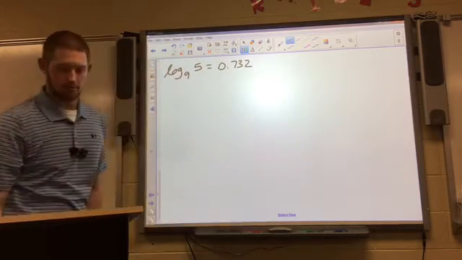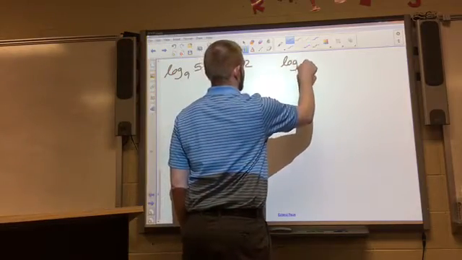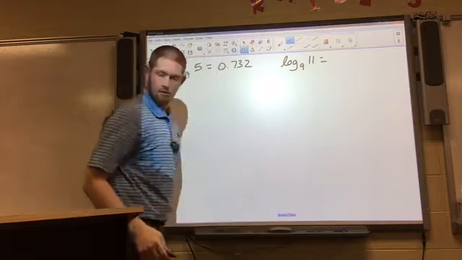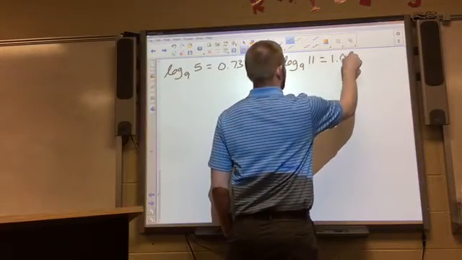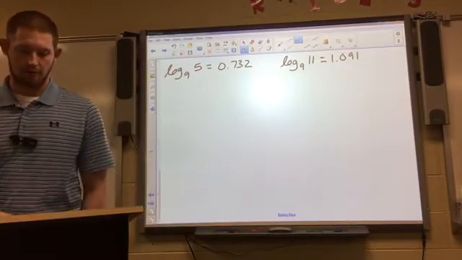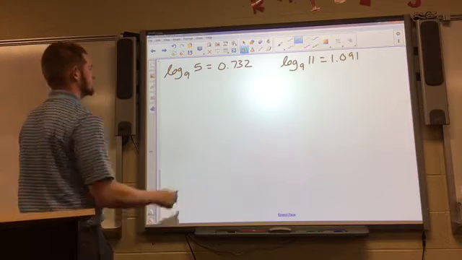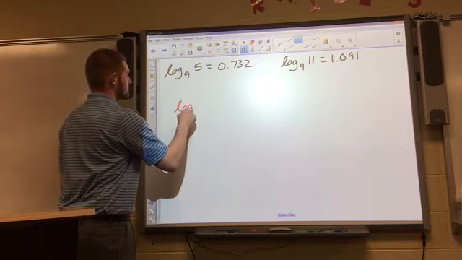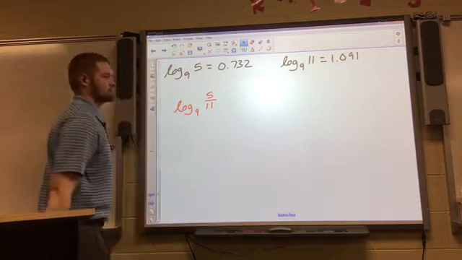Again, that's probably not something that you could have come up with. And log base 9 of 11 equals 1.091. And then they're going to give us a few things they want us to evaluate.